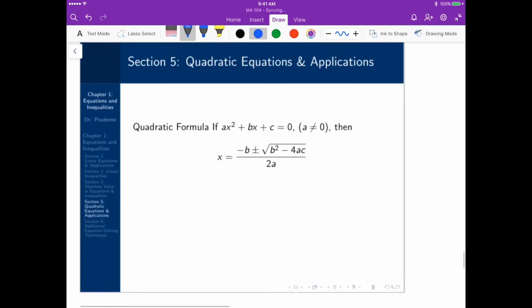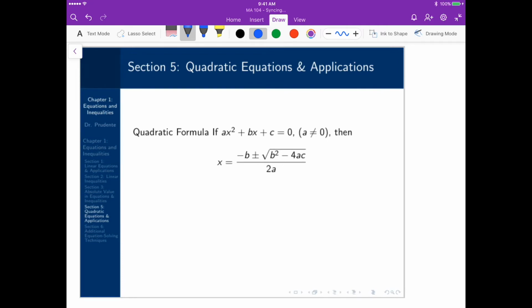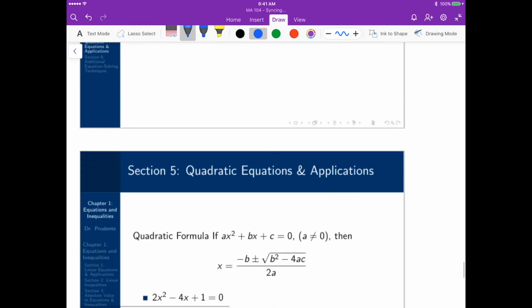The easiest way to solve is definitely by using the quadratic formula. This will work in every single case that we have. So if we have ax squared plus bx plus c is equal to 0, what we can do is say that x is just going to be equal to negative b plus or minus the square root of b squared minus 4ac all over 2a.